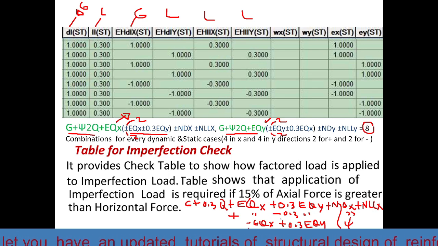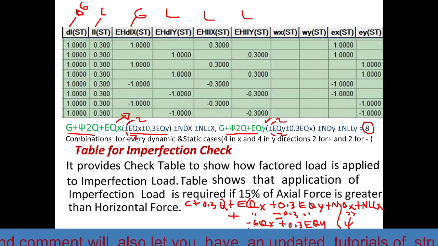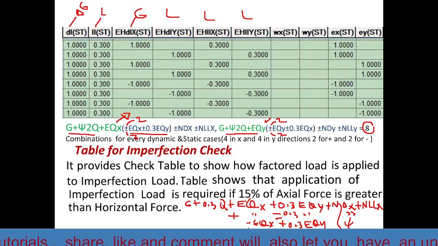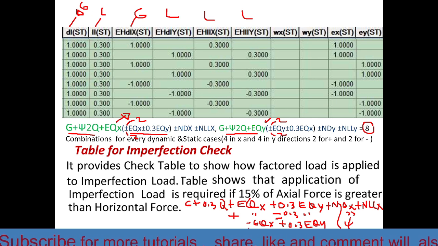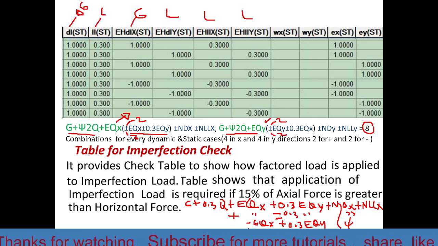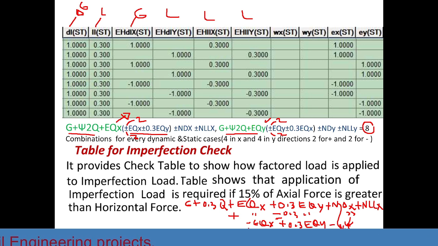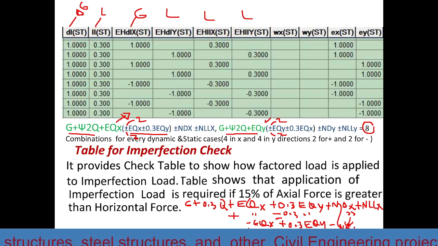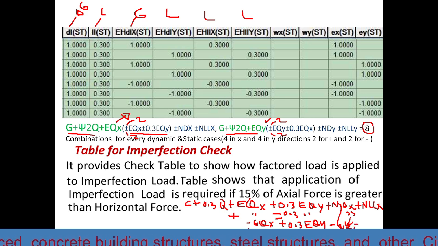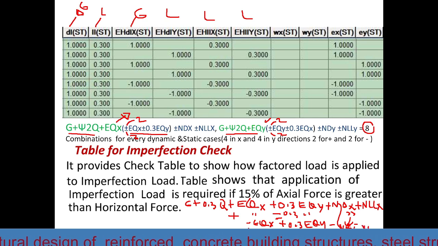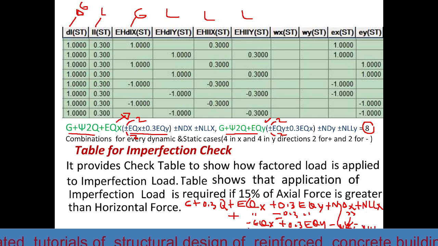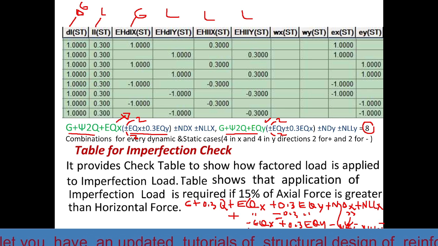What differs is this one. And also similarly in minus, that is in negative x direction, we can make this plus sign into a negative sign. That is minus the notional load with reference to the dead load in x minus direction, minus the notional load with reference to the live load in x minus direction.